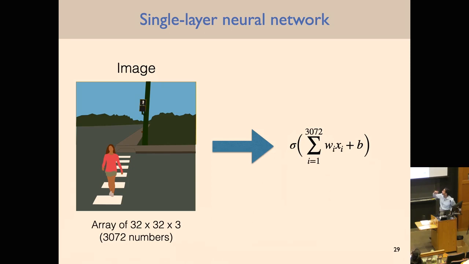So we're summing from 1 to 3072. That gives us a scalar when we take this dot product between the weight vector w and the input vector x. We add in a scalar b, and then we pass that through a nonlinear function that I'm calling sigma here. Any questions on this computation? We're mapping an input which has dimension 3072 to just a scalar value.